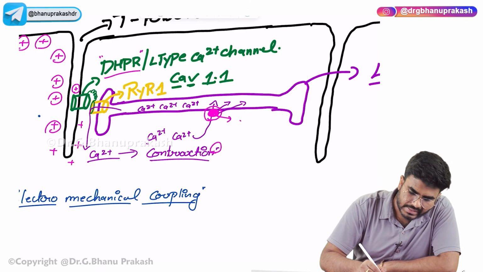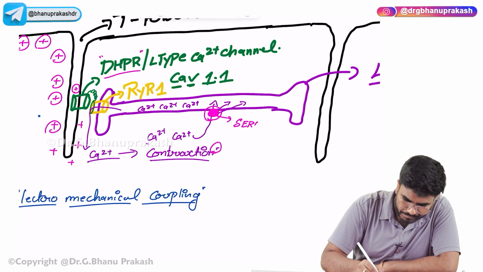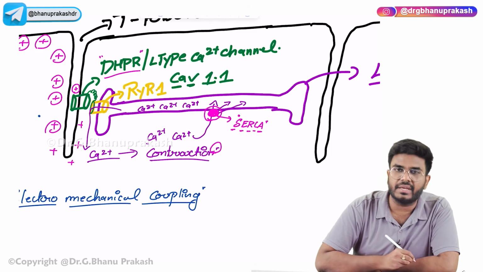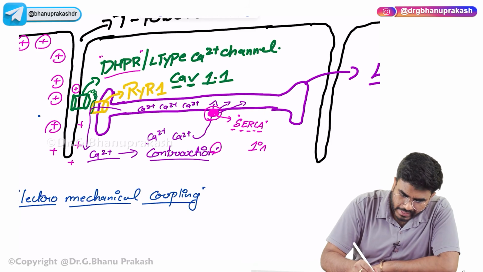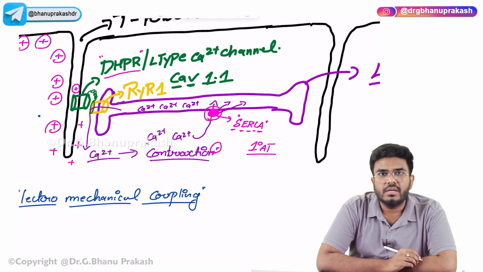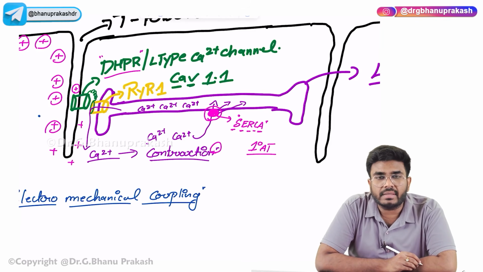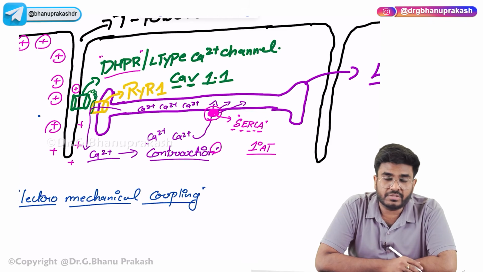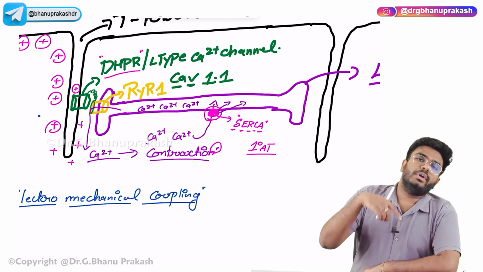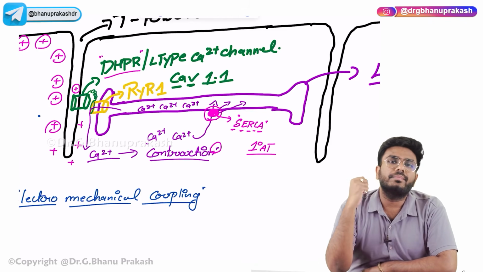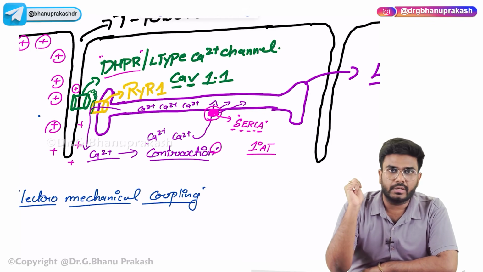This channel is called SERCA, sarcoendoplasmic reticulum calcium ATPase, which is an example of primary active transport. It's a pump, using energy, so it is going to take the calcium back into the sarcoendoplasmic reticulum.